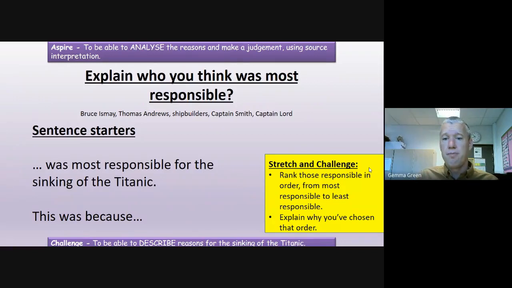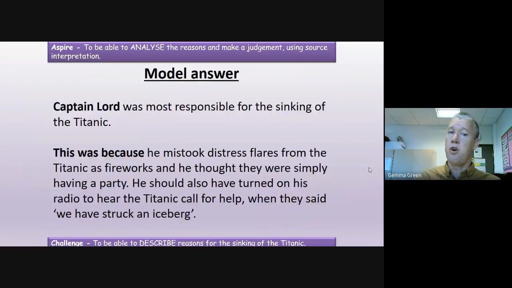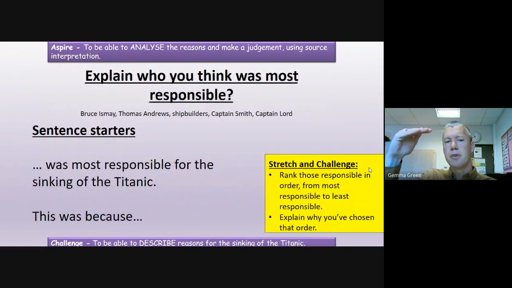If you want to push yourself, I would like you to try that stretching challenge on there. So a little further task. I'd like you to try and rank those responsible in order from the person you thought most responsible, which is probably the person you've written about in this paragraph, to the least responsible. So rank them 1 to 5. If, for example, you thought Captain Lord was most responsible, he would be your number 1.